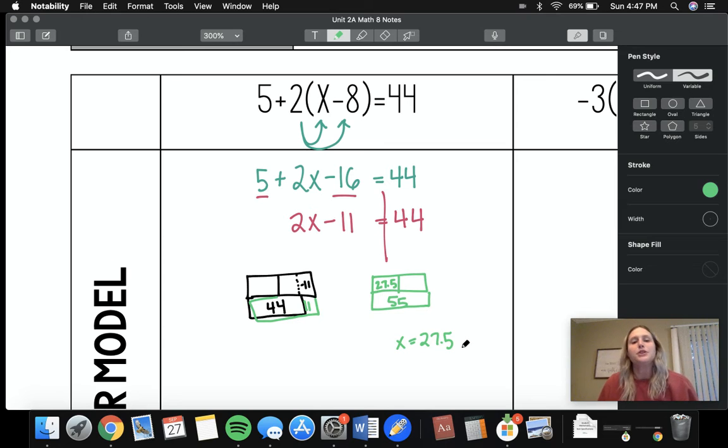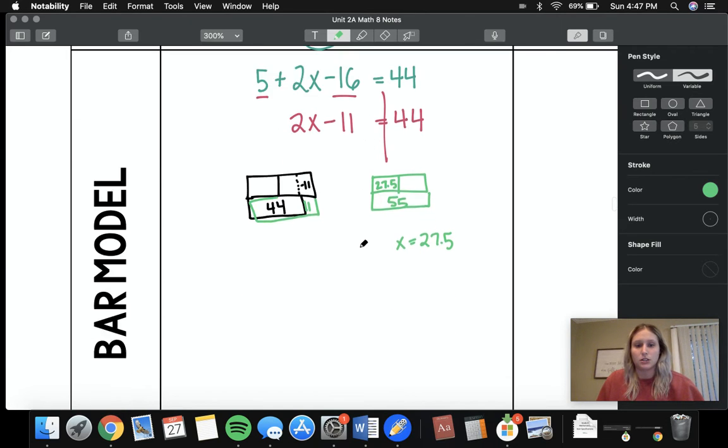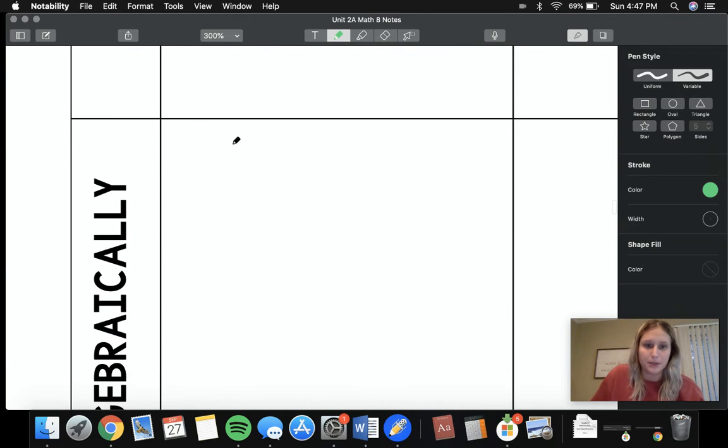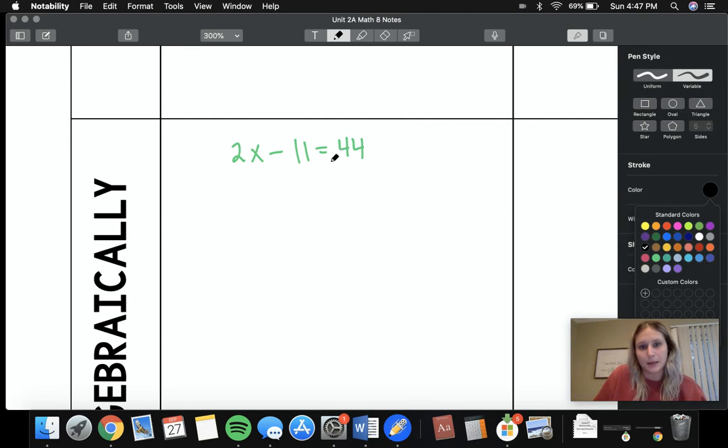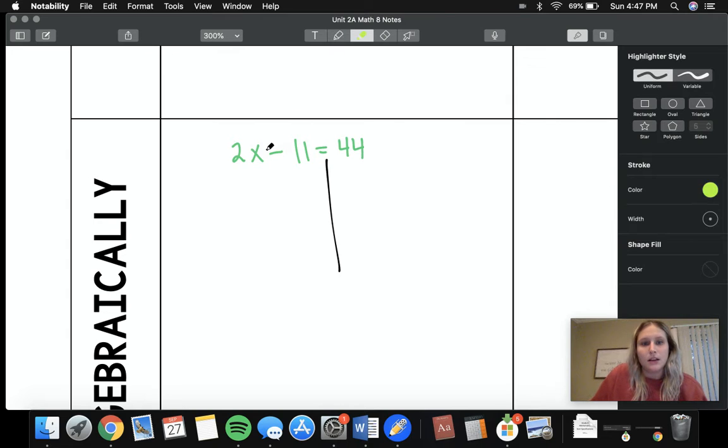There's really no getting around distributing and combining like terms, but if you would rather do this problem algebraically, let's do that: 2x minus 11 equals 44. Our goal is to figure out what x is equal to, so we need to get rid of the minus 11 first.